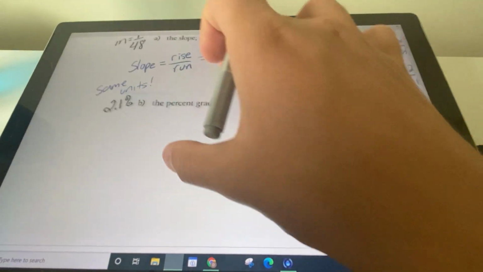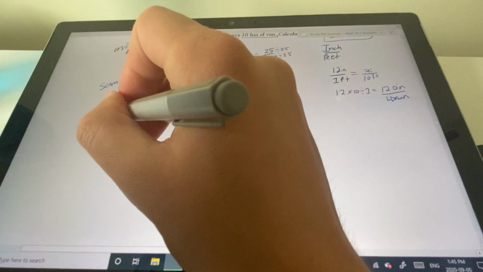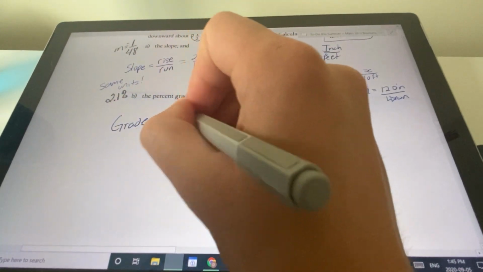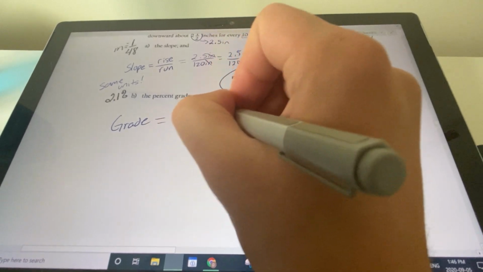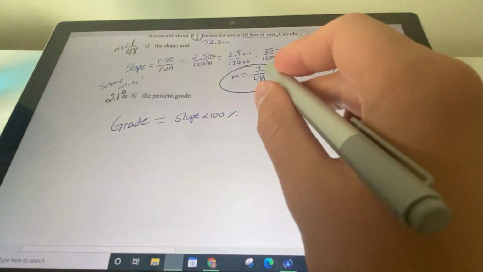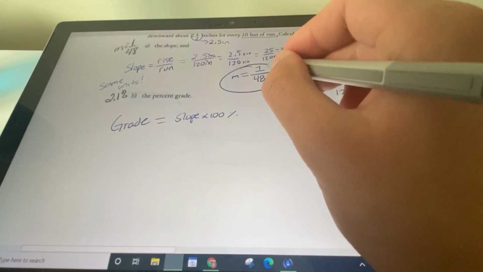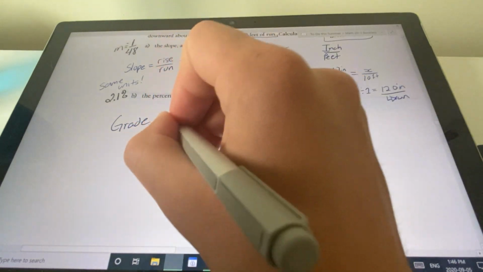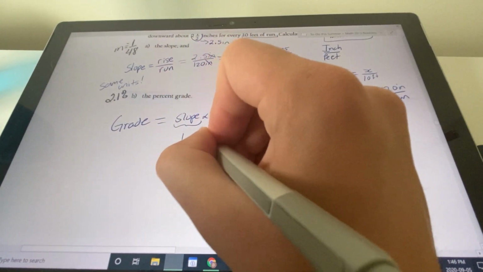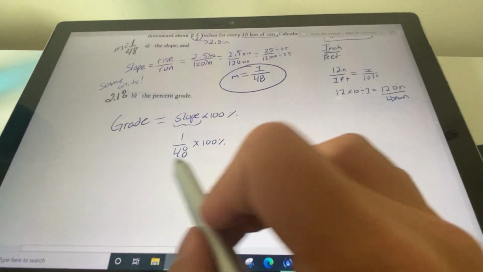So here, grade, which is short for percent grade, equals slope times 100%. What is our slope? Well, our slope is 1 over 48. We're going to put that into a decimal. So slope here is 1 over 48 times 100%. How do we write this?